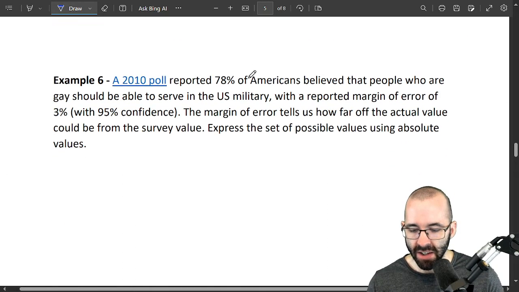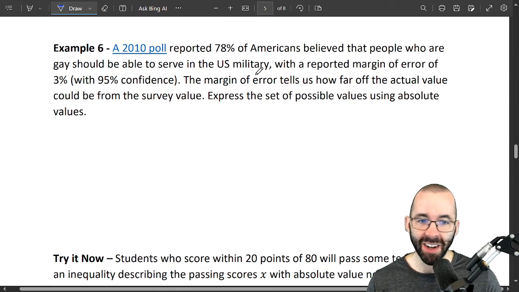Example 6. So this is crazy to me, by the way. In 2023, really a blast from the past in a negative way. A 2010 poll reported that only 78% of Americans believed that if you're gay, you should be able to serve in our military, with a reported margin of error of 3%. That's like 95% confident.